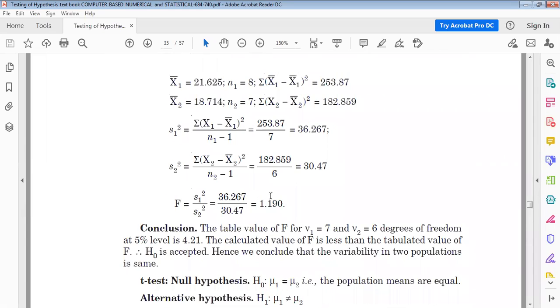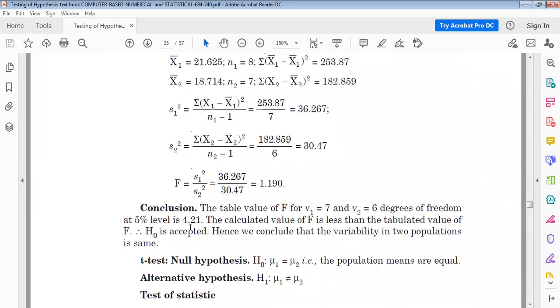So, for the first sample degrees of freedom 7 and the second sample degrees of freedom 6, we get the table value 4.21. The calculated value of capital F is less than the table value. So the null hypothesis is accepted.